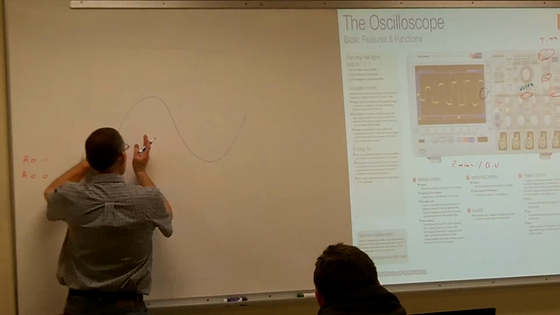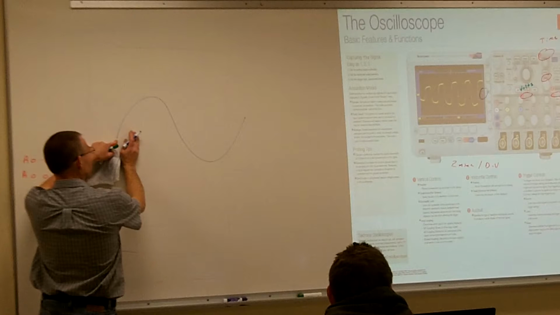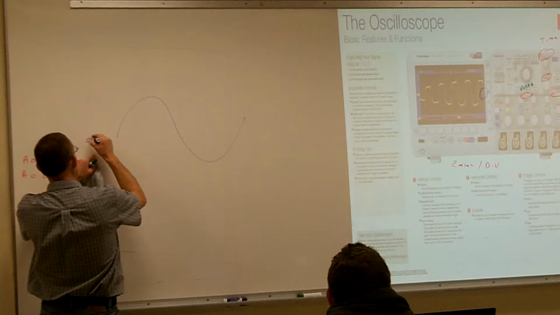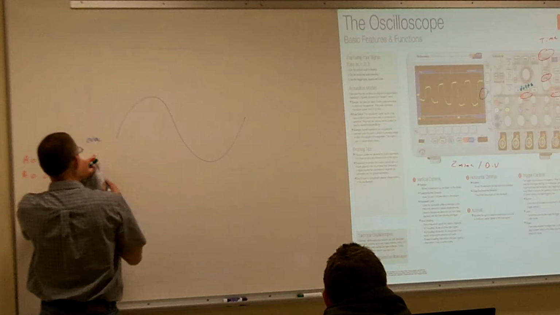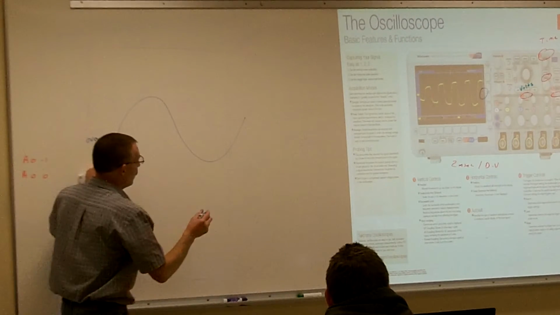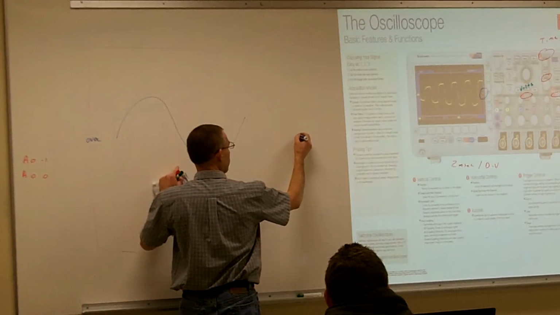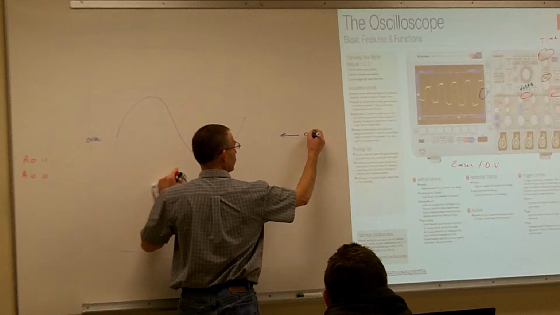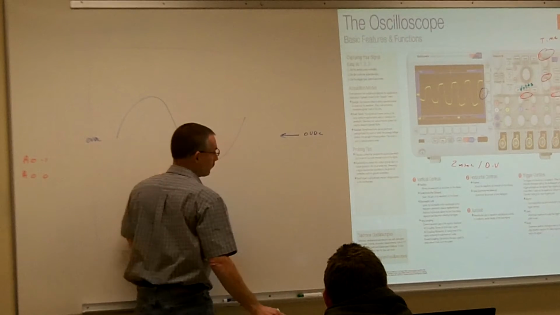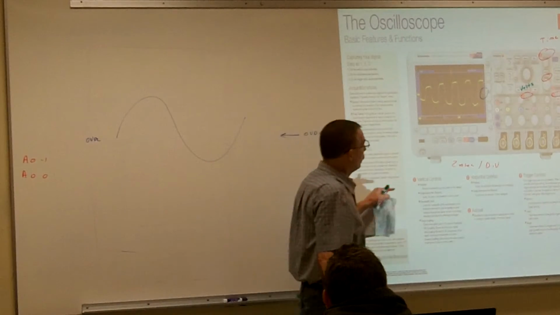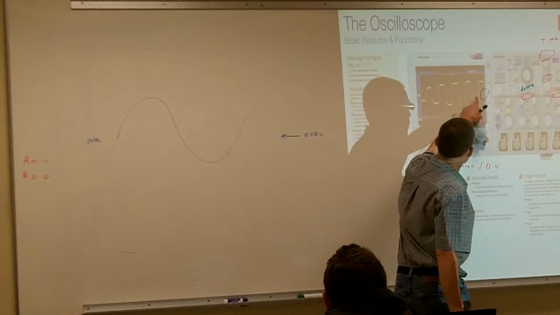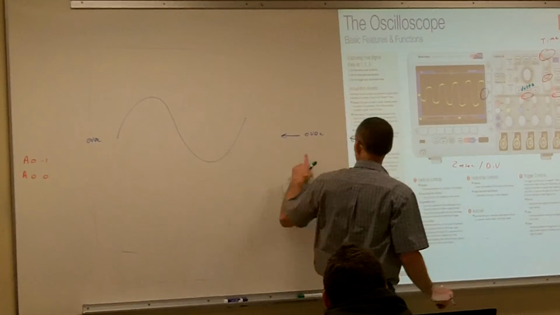So typically what we want to do, depending on where our DC reference is, we'll just say that we have no DC reference line here and that my DC voltage is at 0 volts. What I typically like to do then is set my trigger level at 0 volts DC. Then one of the other options, if I click on the menu, the menu will come up and ask me what I want to do.